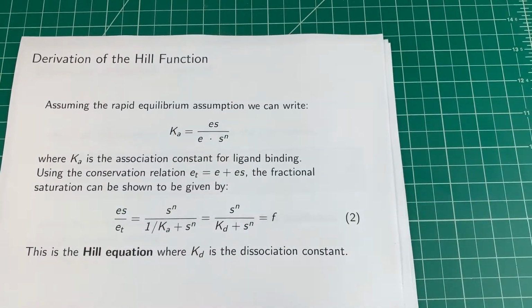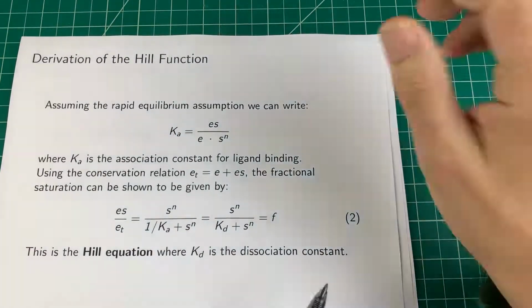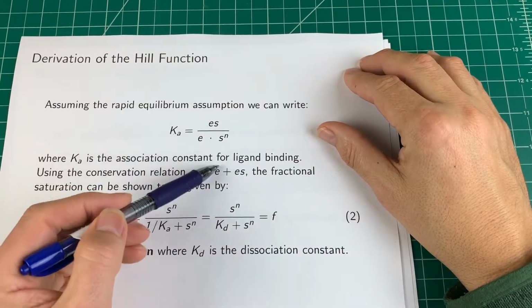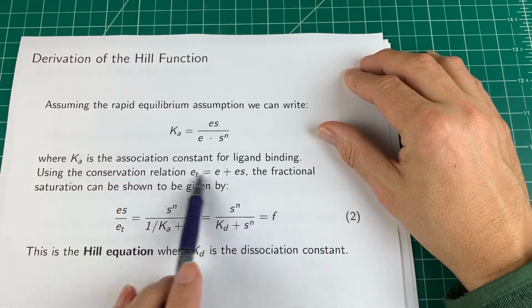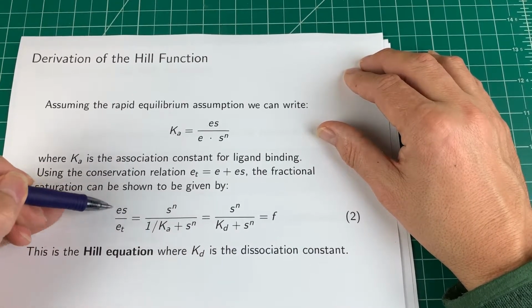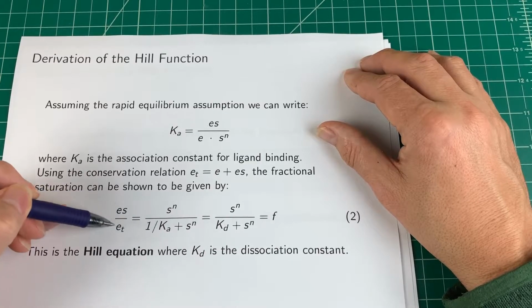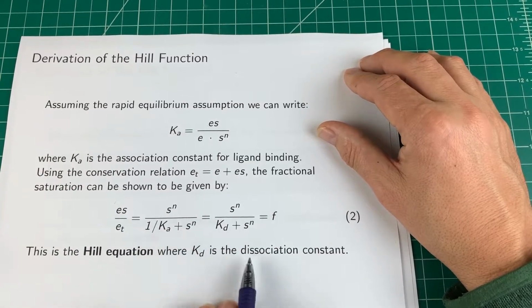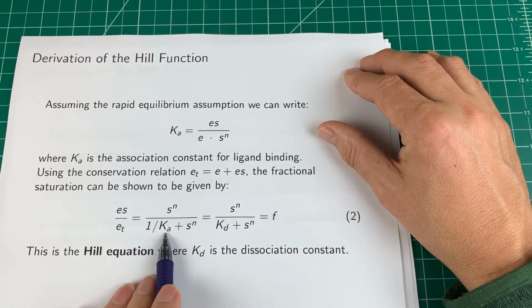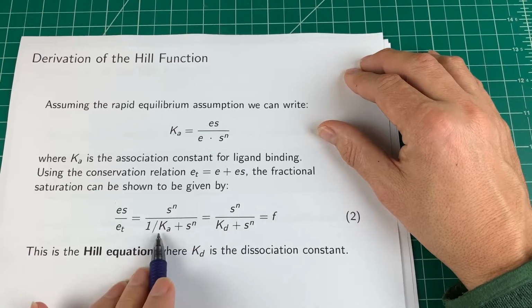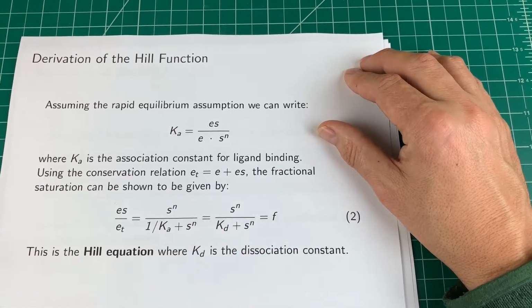And so I can compute the fractional saturation, by basically substituting, getting rid of the E and ES terms using this, and I end up with this ratio. So this is the fraction of bound ligand to the total ligand, given by this relationship here, and basically this is the same one as we saw before. So instead of using the association constant, if I use the dissociation constant, which is just the reciprocal, I end up with this.